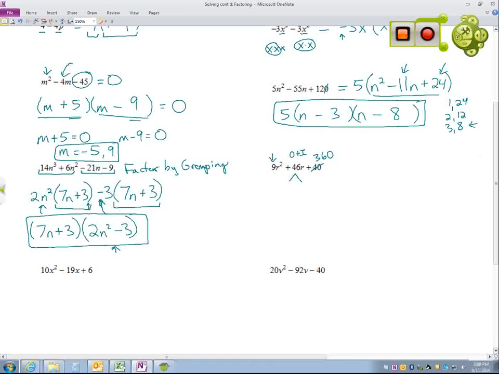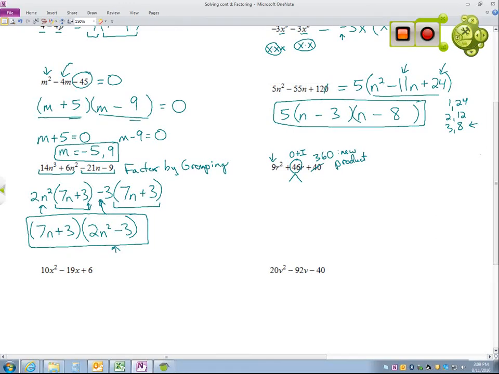So I'm going to look at 360 as my new product. So now the question is, what factor pair of 360 will add up to 46, which is still my middle term? I'm doing the same thing that I did on the one right above.